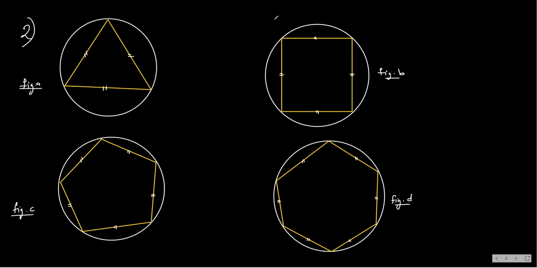Now all these circles have their center O. So here I write the triangle as ABC. Here I write the square as ABCD. I write the pentagon as ABCDE and the hexagon as ABCDEF.